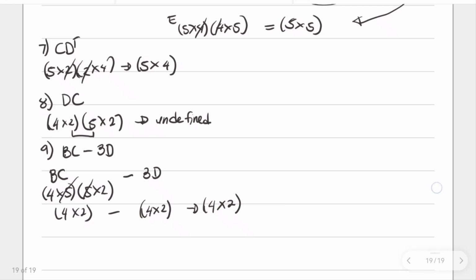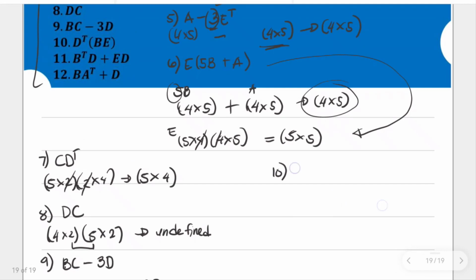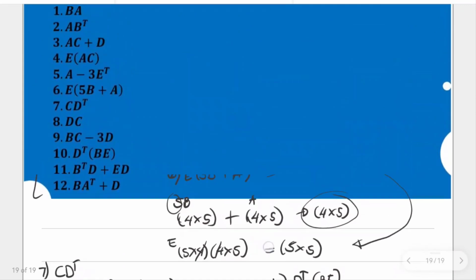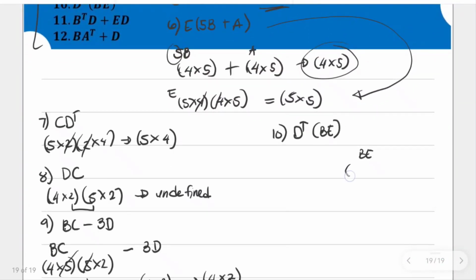Okay. Number 10. So we're almost done. Number 10 is the product of the transpose of D and the result of B and E. Let's start with BE. B is a 4 by 5 matrix. Okay. So it's a 4 by 5 matrix, and E is a 5 by 4 matrix.